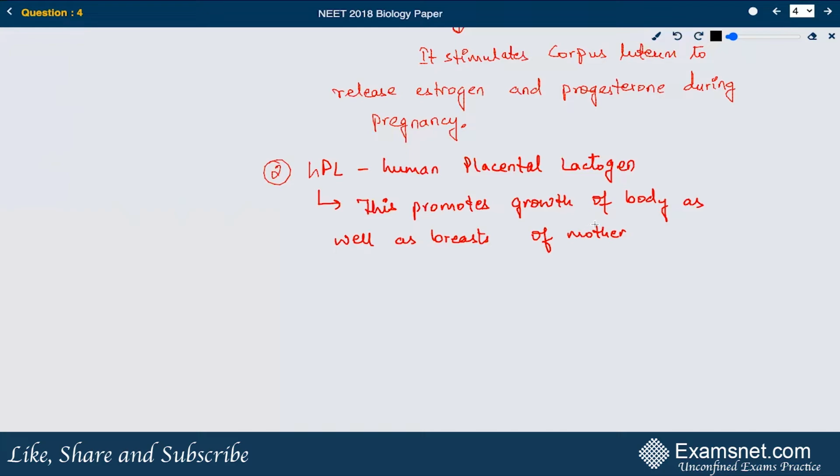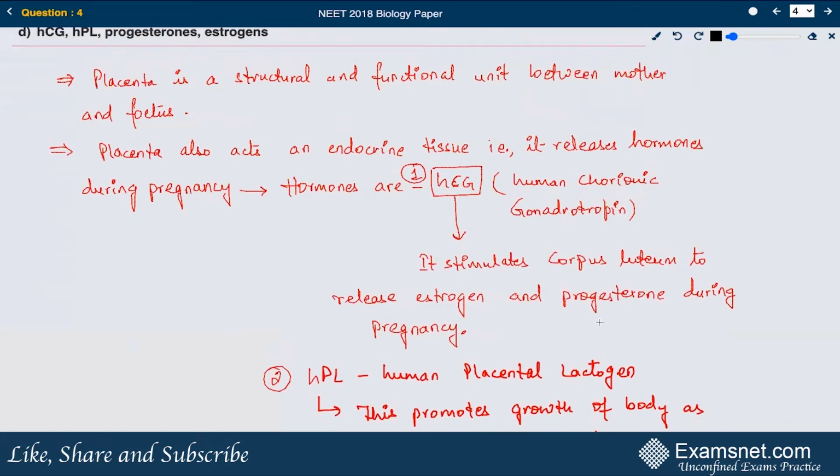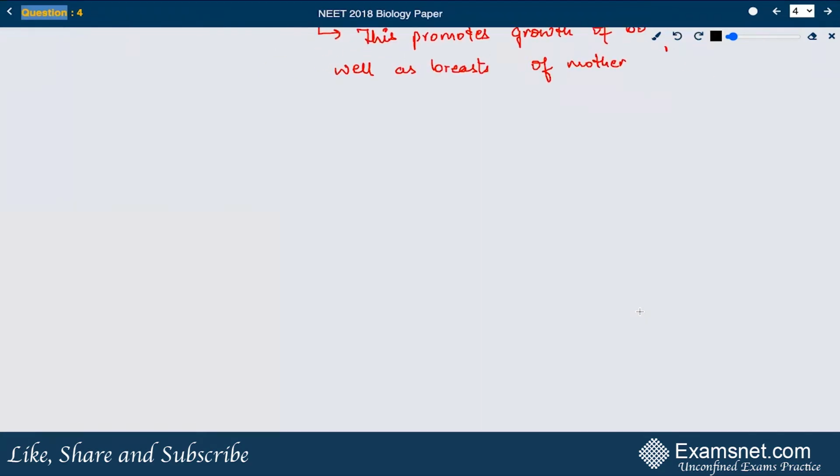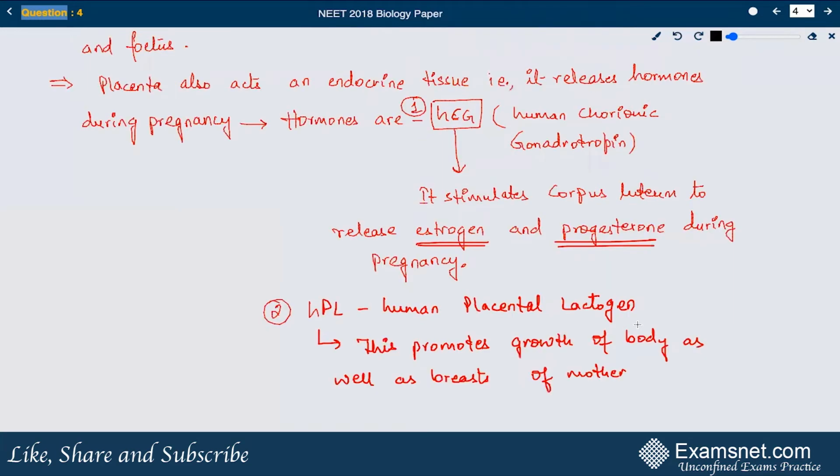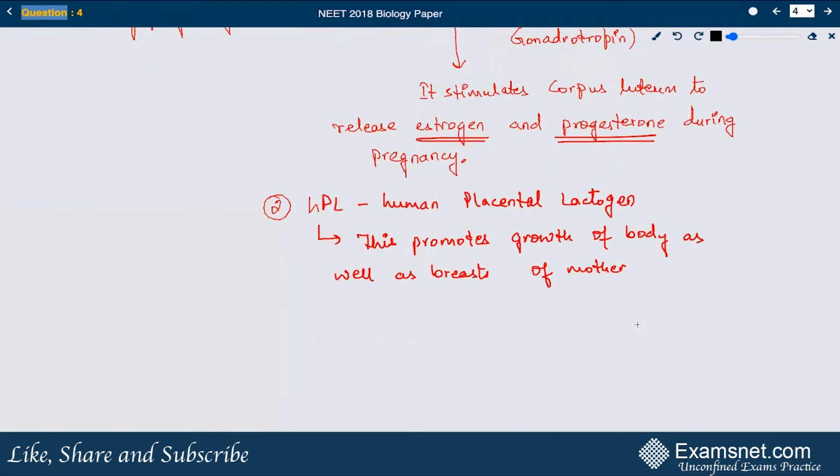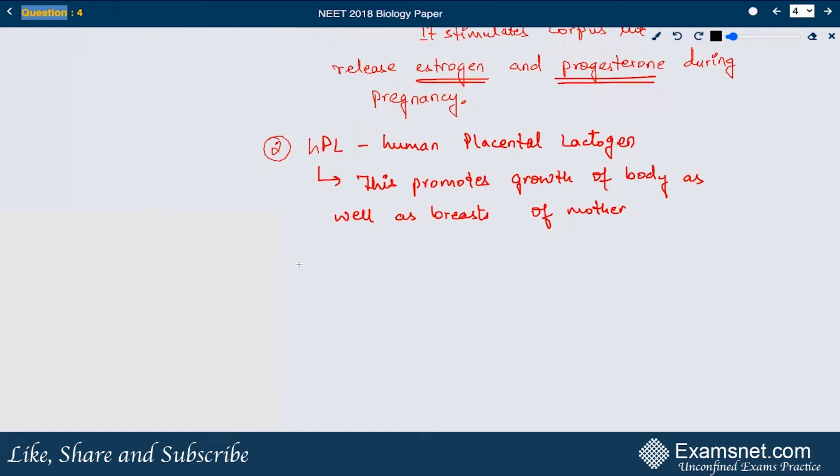And apart from that, we have already mentioned over here that estrogen and progesterones are also being released in case of the pregnancy. All right. So that is the case because progesterone is considered to be a pregnancy hormone. And that's why it is very, very responsible and important for maintaining pregnancy.